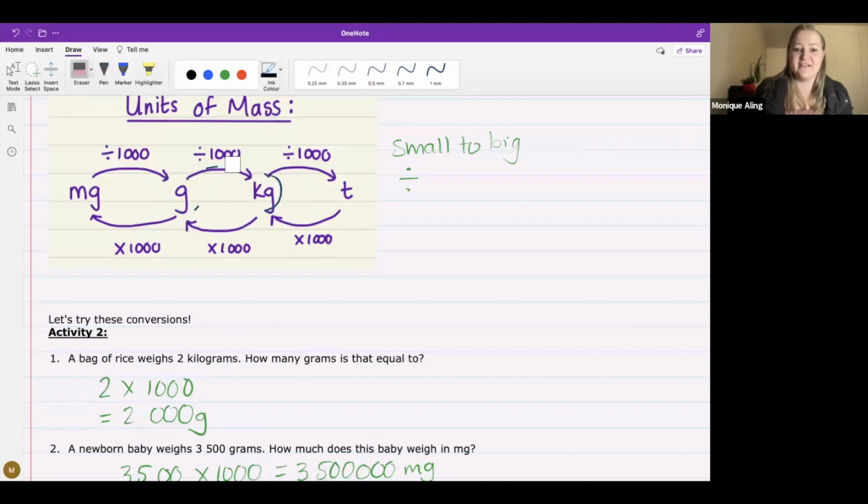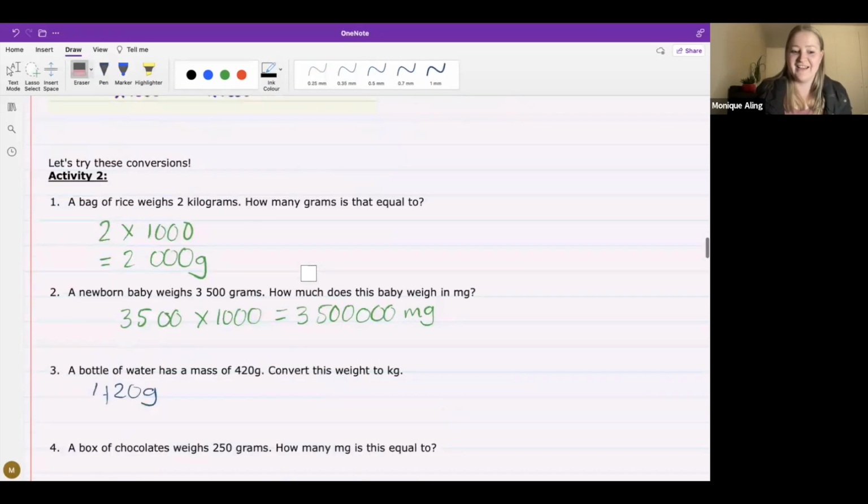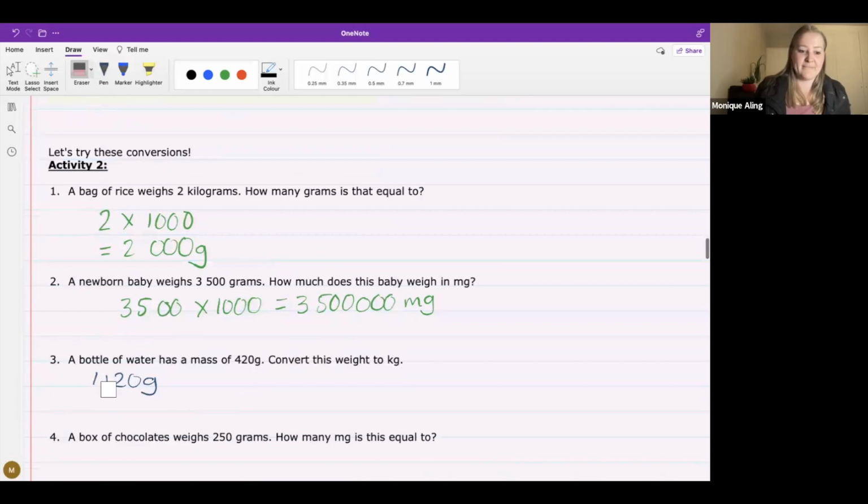Hey, Vanessa? You still there? Her mic is off. I'll just ask her to unmute. Oh, it's fine. So just a correction, 420 grams to kilograms, we are dividing by 1,000. So the other way around, so that gives us 0.42 kilograms.